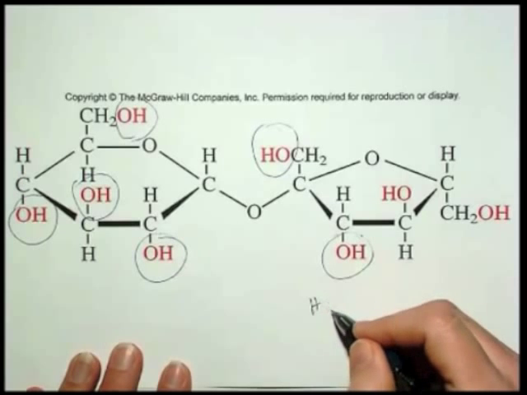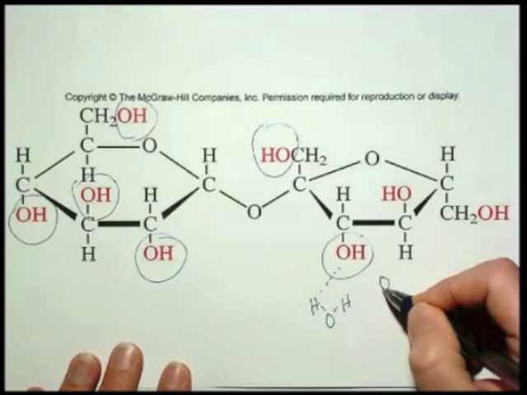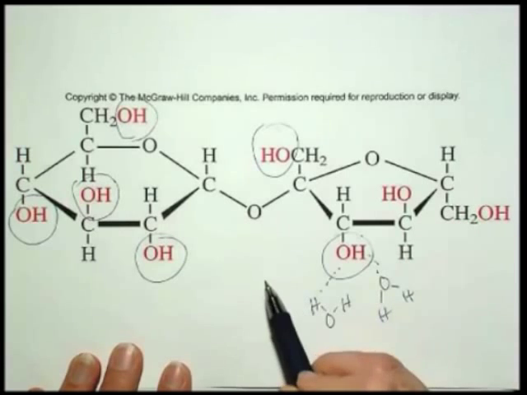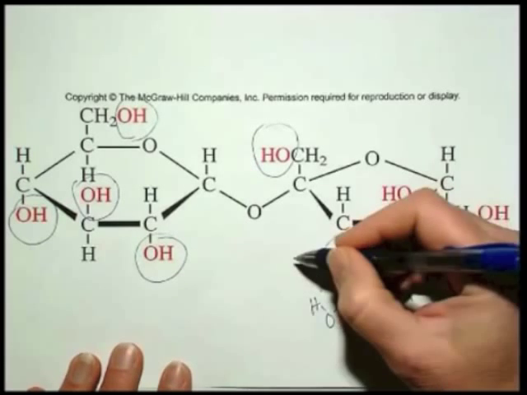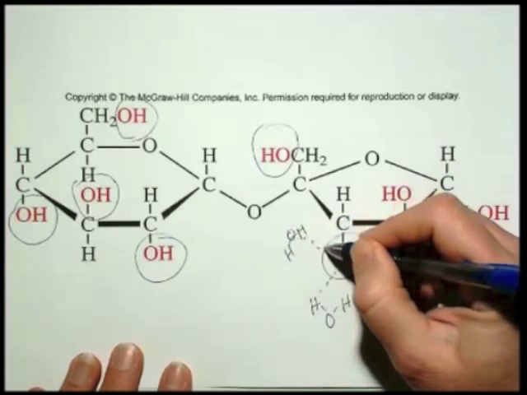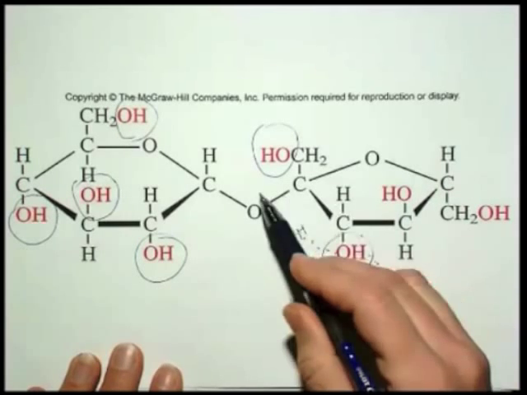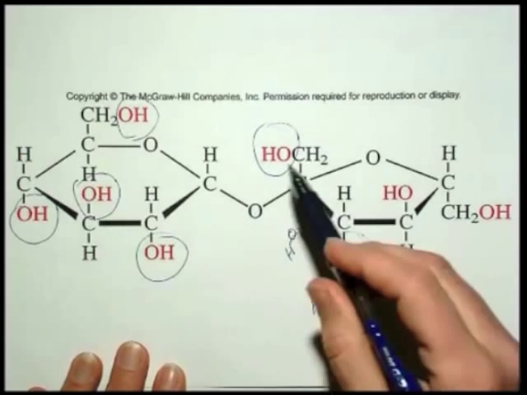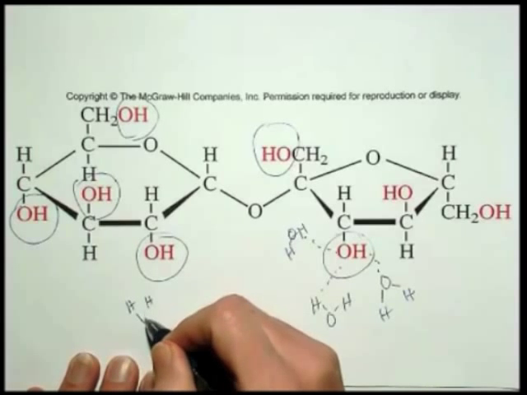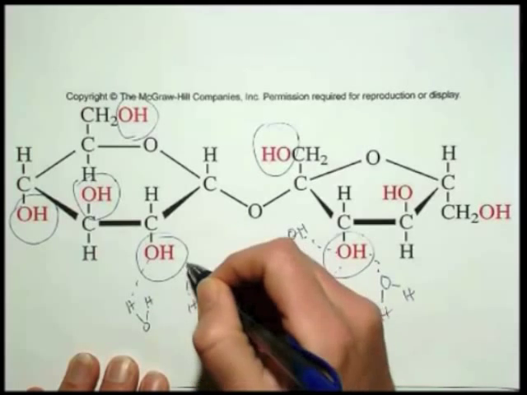And so what happens with the sugar when it dissolves, so you've got a cube of sugar dropped in water, the water molecules are going to approach the hydroxyl groups, which are sometimes also called the alcohol functional group, and it's going to create these very strong intermolecular forces, the hydrogen bonding.